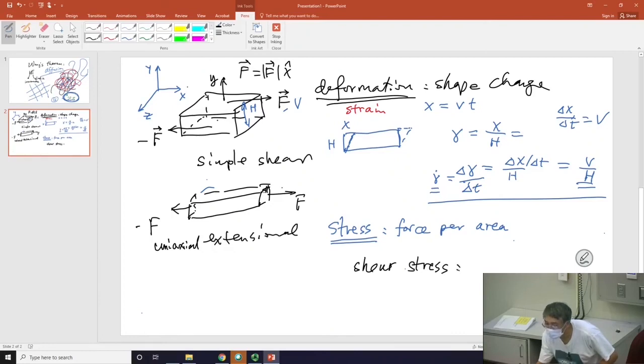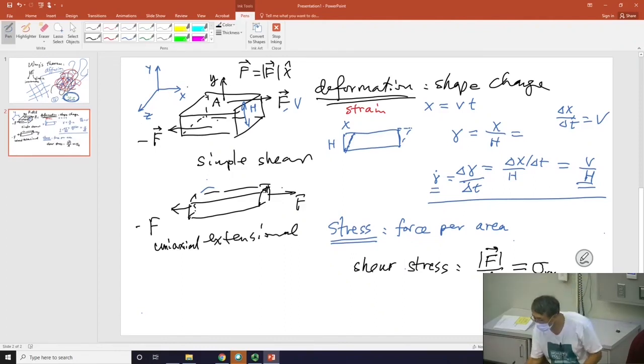is that I have this force that is acting on a surface that's pointing up. And of course, I want to normalize by the area, which is this total area. I get a stress. Well, that's just a scalar. But I may wish to remember that my force was pointing in the x direction, acting on a surface whose norm is in the y direction.